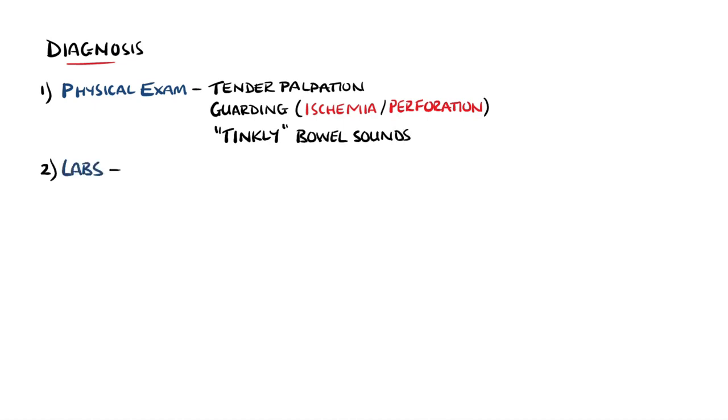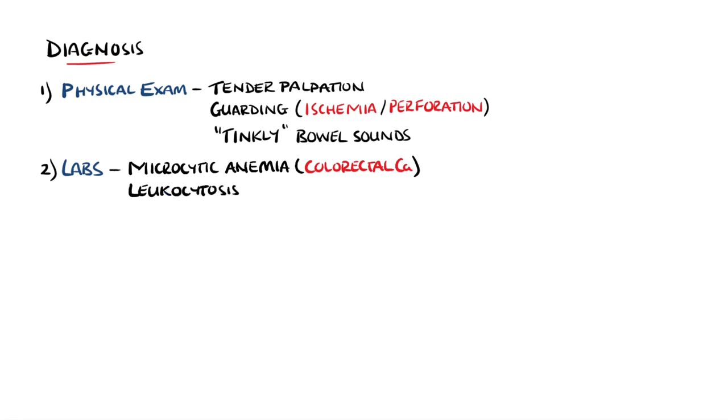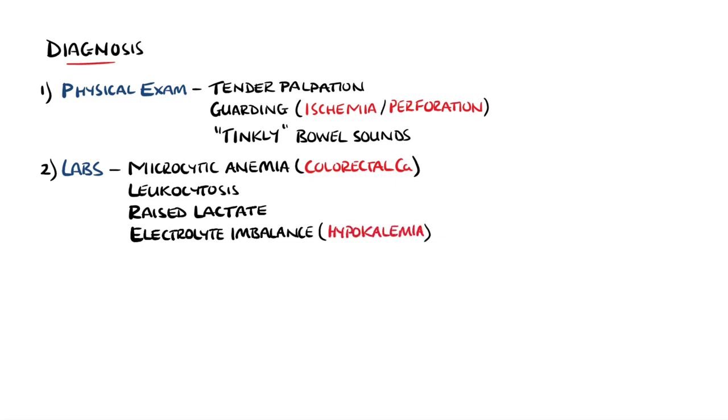Blood tests are done, as the full blood count may show a microcytic anemia, which would be consistent with a colorectal cancer, while leukocytosis may suggest ischemia or perforation, especially if combined with a raised lactate. As mentioned, we may also see electrolyte imbalances with hypokalemia being frequent, and a high creatinine may indicate an acute kidney injury, which is a common complication due to the vomiting and dehydration.